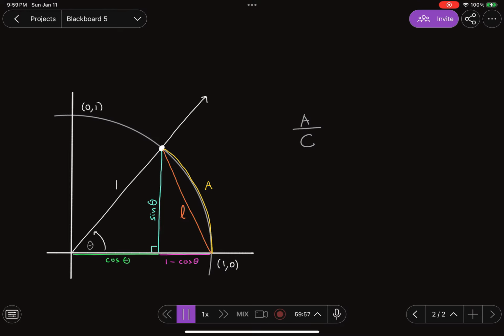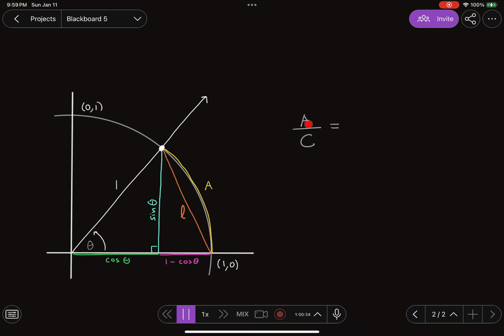The proportion of this distance right here to the distance all the way around the circle has to be equal to this arc or this rotation to a rotation all the way around the circle. All right, so let me say that again. This arc to the arc all the way around the circle is the same proportion as this rotation to the rotation all the way around the circle.